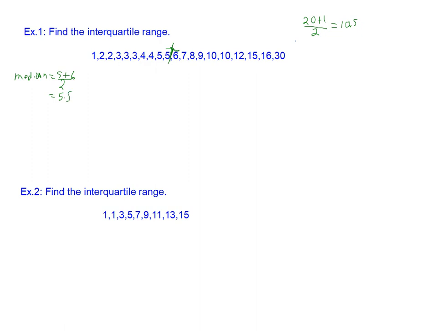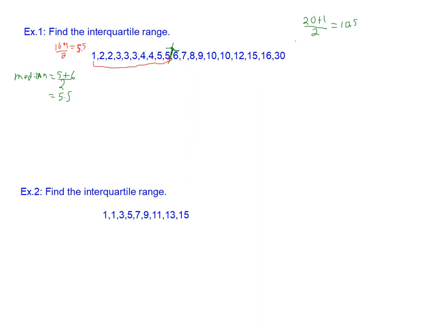Now if we're looking for Q1, we need to look at the median of the first half of the data. Well, the first half of the data is right here. There were 20 numbers in total. There are 10 on the leftmost side. So again, 10 plus 1 divided by 2 gives us 11 over 2, which is 5.5.